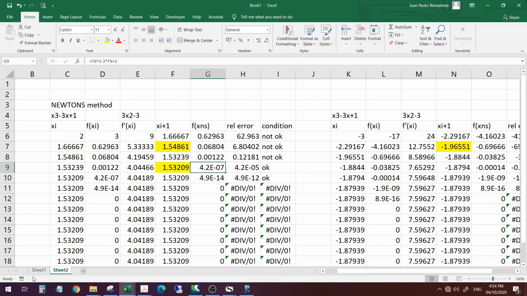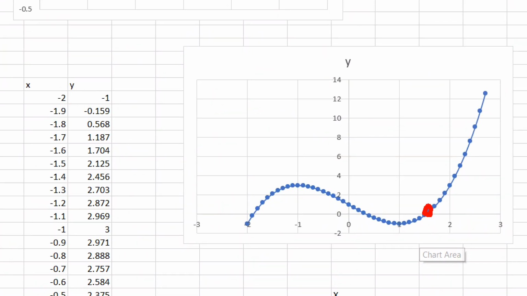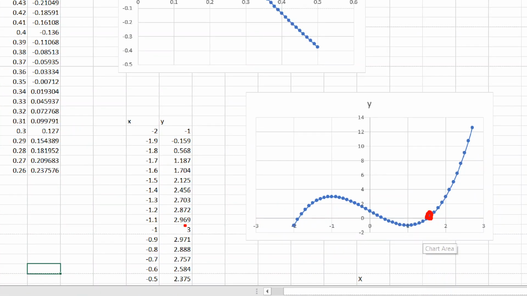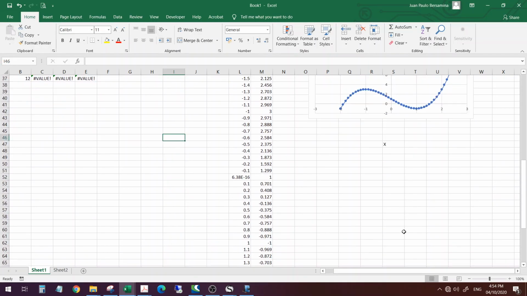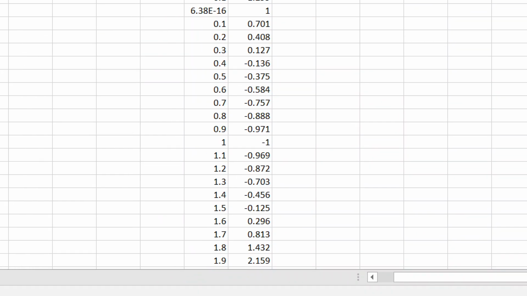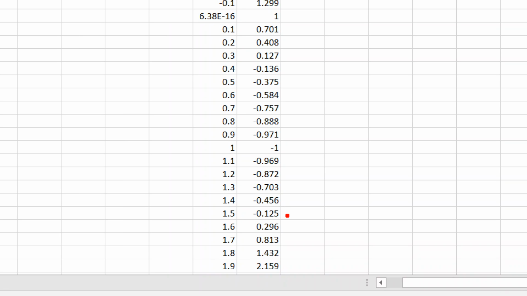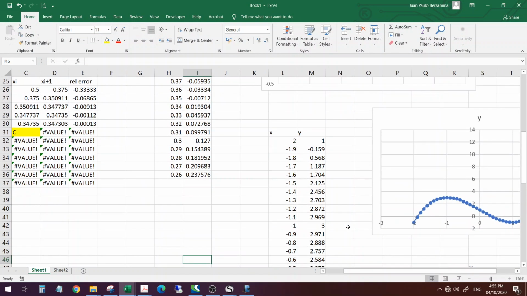So as you observe, that is 1.532. And if we check the graph, we are here, between 1.5 and 1.6.